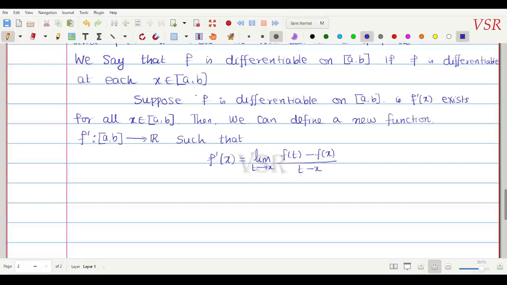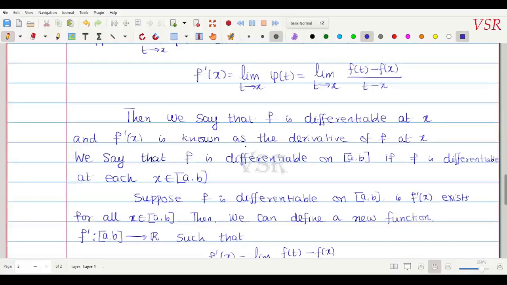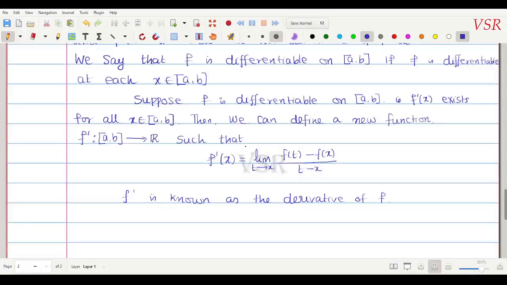So I have told what differentiable at a point is, and then what a differentiable function is.